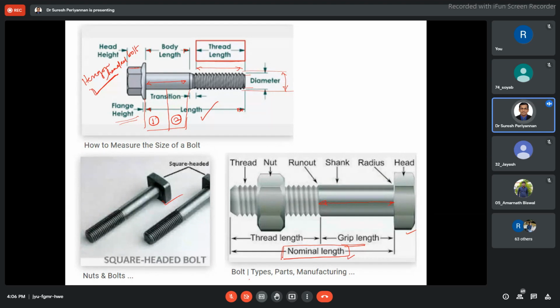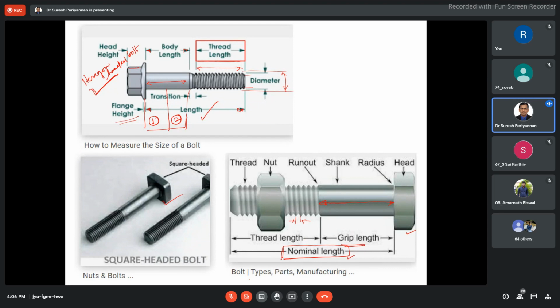Their manufacturing is simple. High accuracy can be maintained in this, because you might have seen coarse thread and fine thread nuts. The pitch is the distance between two crests. The pitch can even be 1 mm, 0.5 mm.